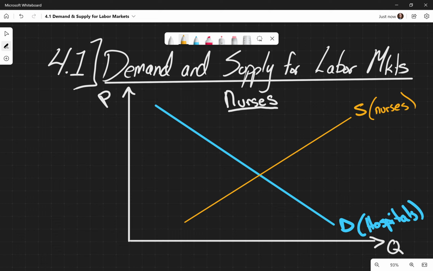Instead of having a price on this axis, we're going to have the price of your time, which is a wage, or what we're going to do for the most part, instead of wages, we're going to talk about salaries, right? That is just your annualized wage, how much you are making in a year.